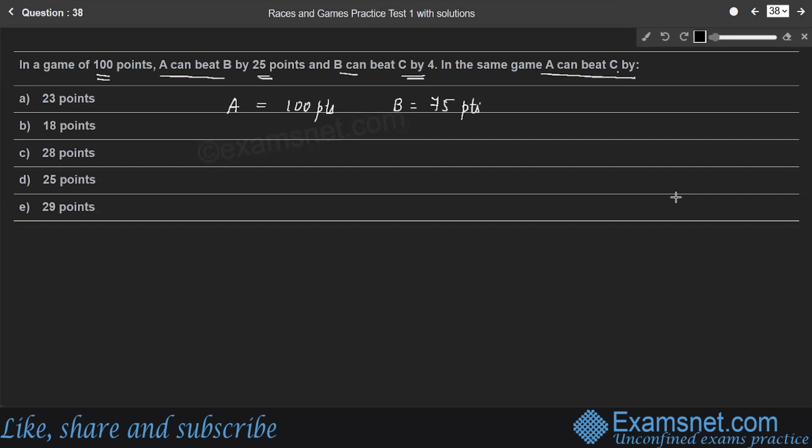And B can beat C by 4. If B gets 100 points, then C's points will be 100 minus 4, which is 96 points.